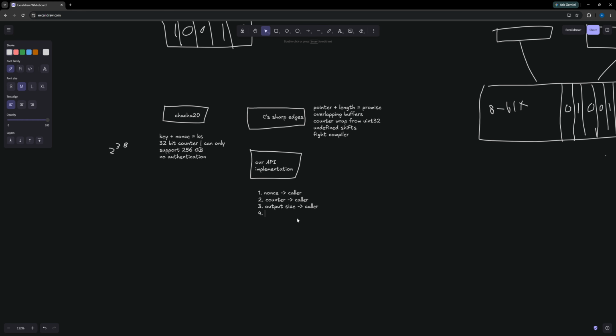Making sure the key material is both secret and valid is going to be on the caller. Validation of arguments, that's going to be us. For example, rejecting null pointers when a non-zero length requires them, and rejecting impossible counter ranges, that's going to go on us. We're going to call ourselves XCP here.